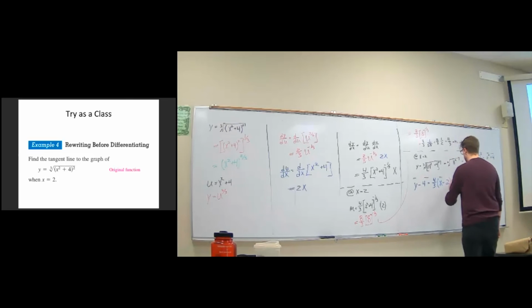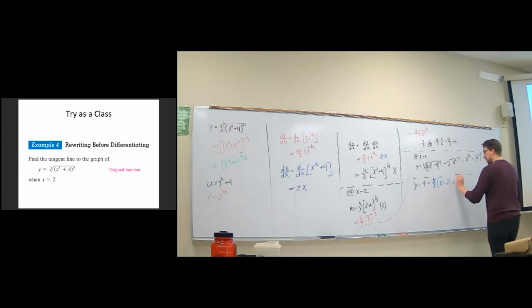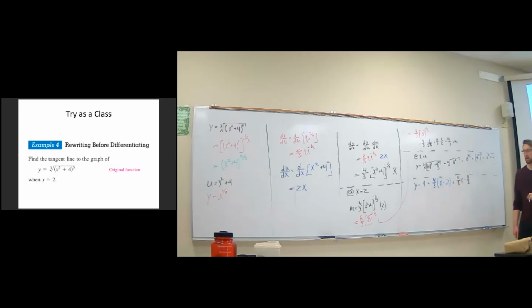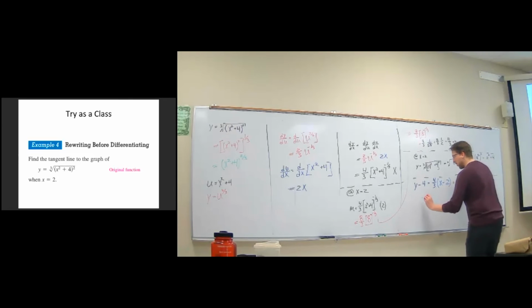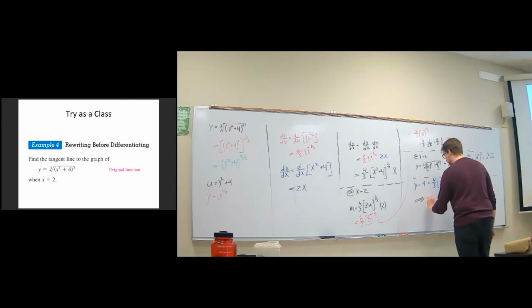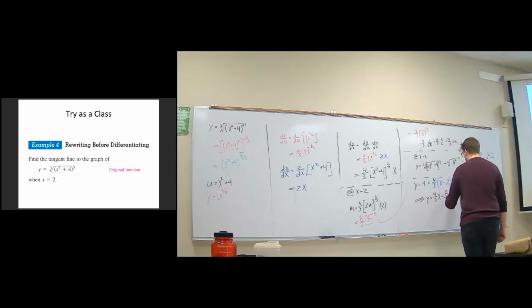Well, this whole thing comes out to be 4 over 3 times x minus 8 over 3. Adding 4 to both sides, y is equal to 4 over 3 times x minus 8 over 3 plus 4.